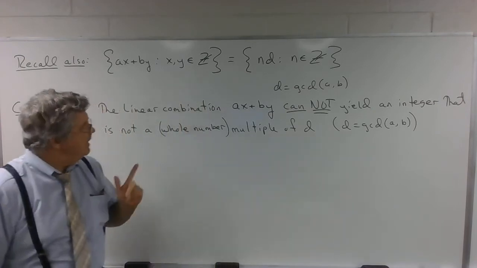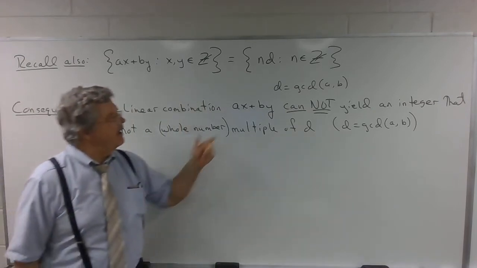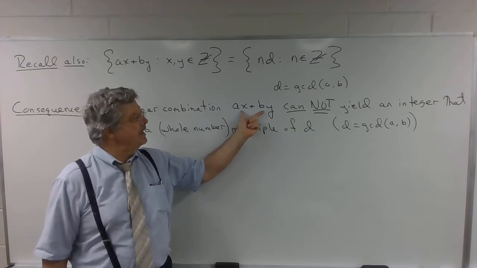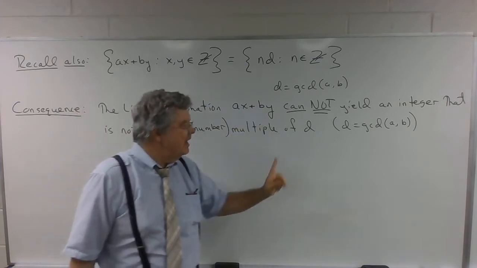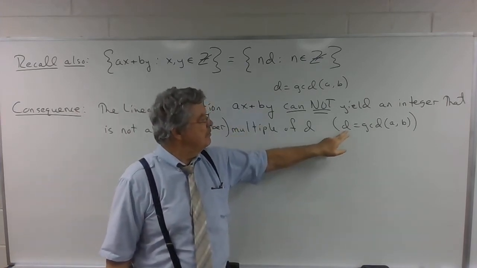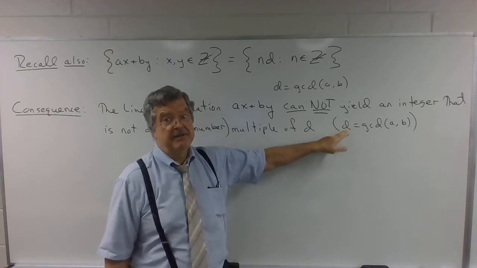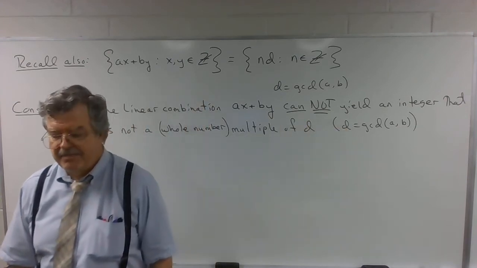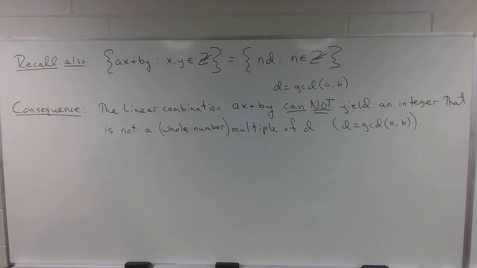It is impossible to have a linear combination of a and b that is not a whole number multiple of d, the greatest common divisor of a and b. So here's our second consequence.